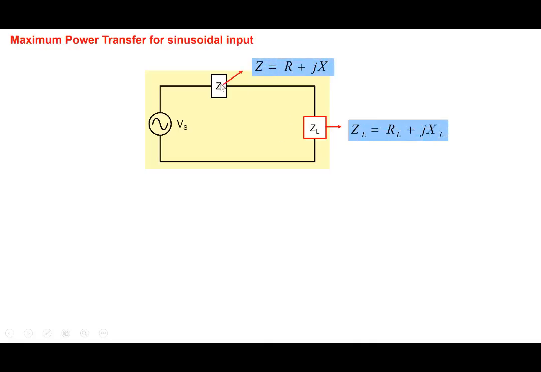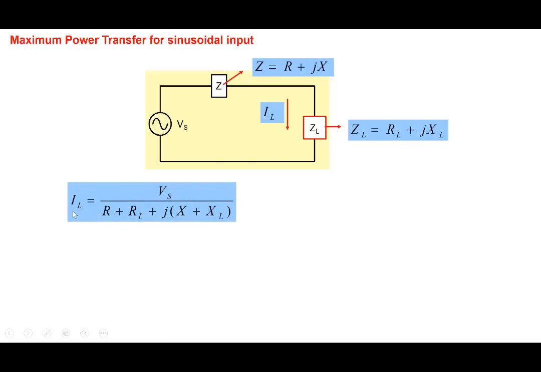Okay, so Z, the Thevenin's impedance, in general will have some real part and some imaginary part, R plus jX. Let ZL also have a real part and an imaginary part, RL plus jXL. So the current flowing into the load will be Vs, the phasor voltage, divided by the net impedance R plus RL plus j(X plus XL).